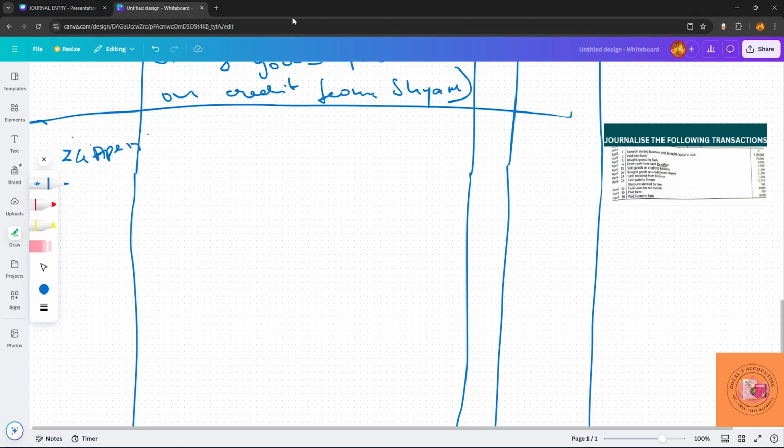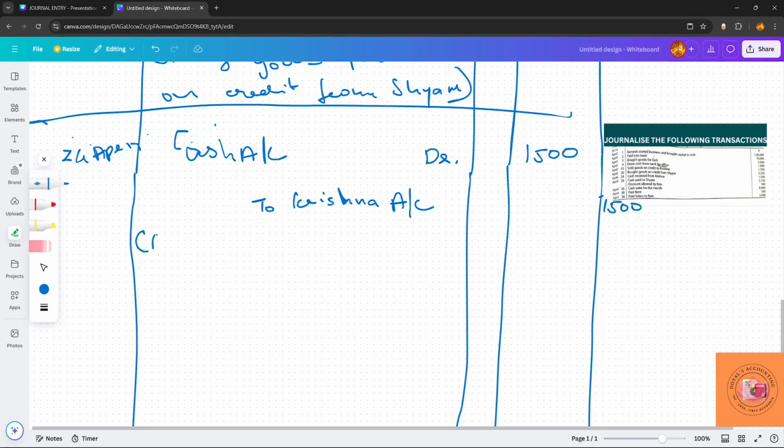So cash is coming in, right? We will debit cash. Cash account debit 1500 to Krishna account 1500, being cash received from Krishna.